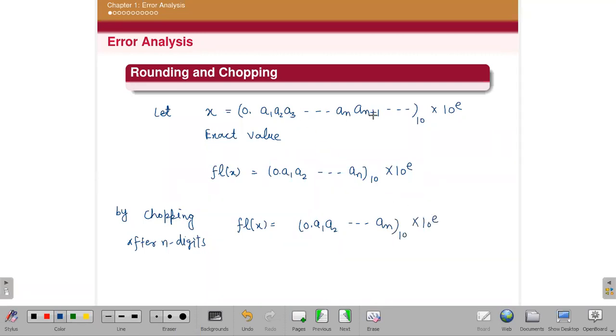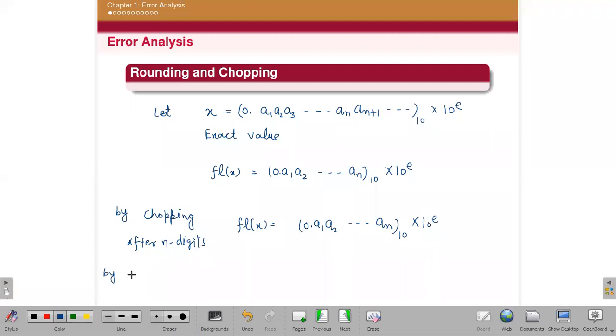This is our exact value, and I have taken the approximation by chopping after n digits. I will not look at the next number, I will simply chop the digits up to n decimal places.